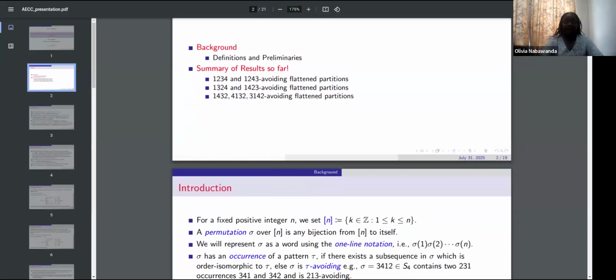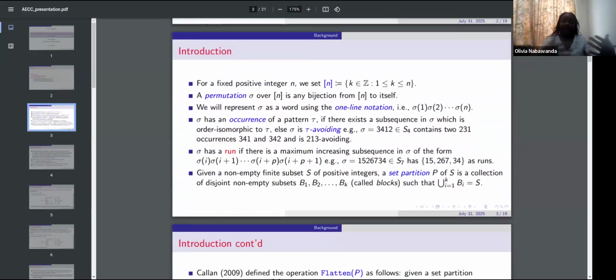And basically, we are going to be looking at these kinds of permutations, that is the 1, 2, 3, 4, and 1, 2, 4, 3, avoiding flattened partitions. Then we shall also look at the 1, 3, 2, 4, and 1, 4, 2, 3, avoiding flattened partitions. And I'll finalize with these last three, avoiding flattened partitions.